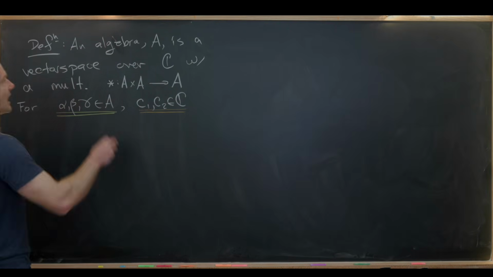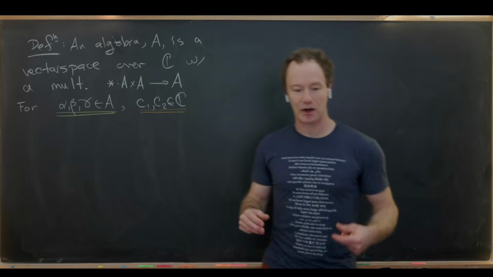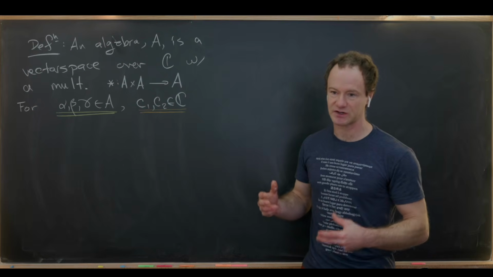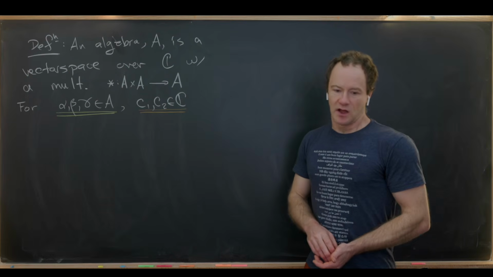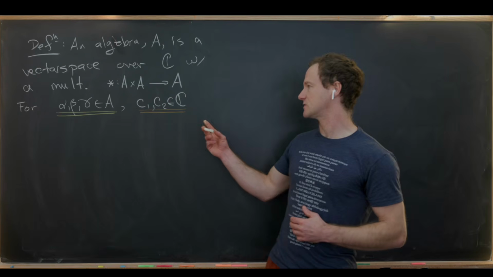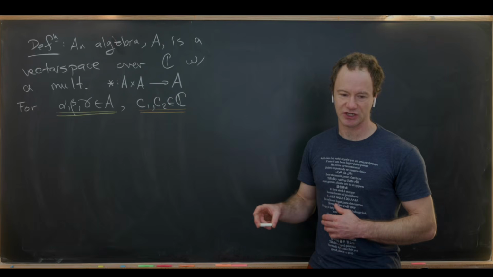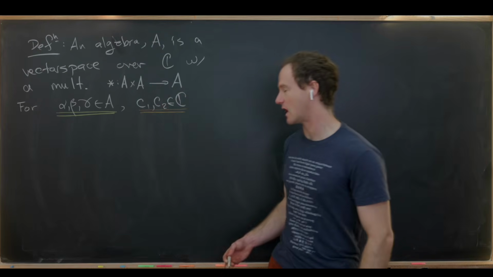Given the fact that the algebra is already a vector space, we have a lot of nice endowed structure with the addition of the vectors and the scalar multiplication of the scalars. And so what we really need to do is see how the scalar multiplication and the vector addition behaves with respect to our new operation.